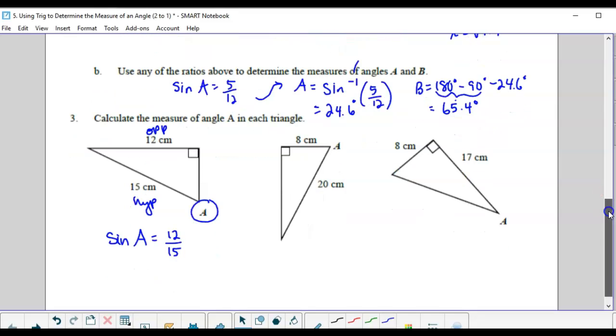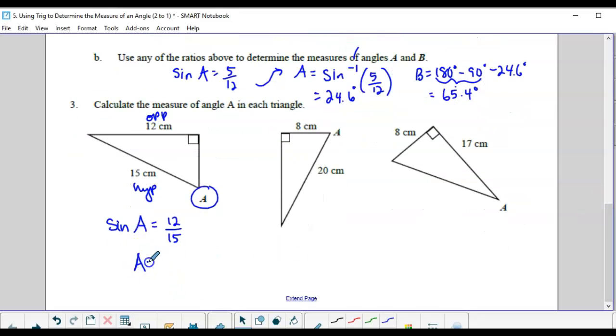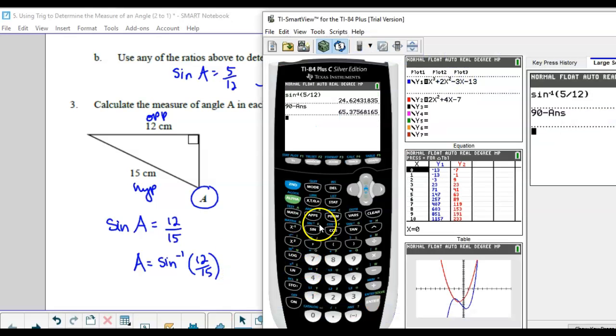Then in your calculator, to get A by itself, it's going to be second key or shift key, sine of 12 divided by 50. If you have a graphing calculator, it's second key sine. Anytime you're finding an angle, you have to press the shift or second key, no matter what calculator you have. And then 12 divided by 50.